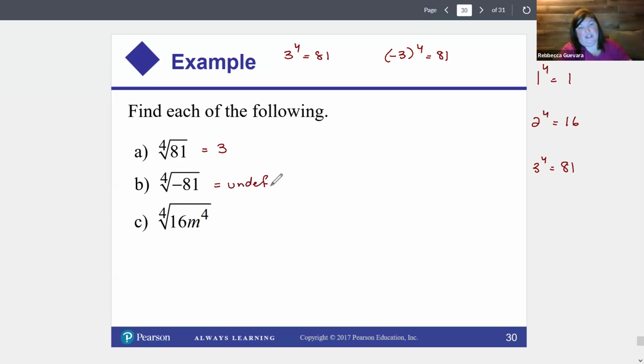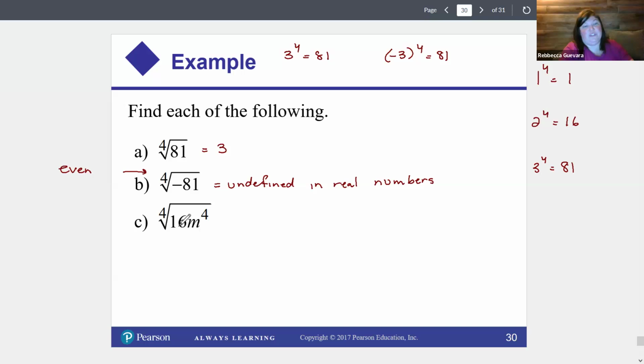So this is undefined in real numbers. And like I said, it has to do with that property of an even root. So even roots are going to act like square roots. Odd roots have the same things going on with them as cube roots.